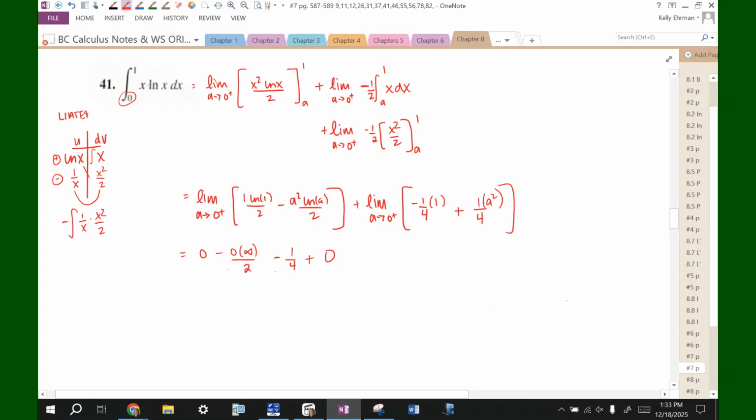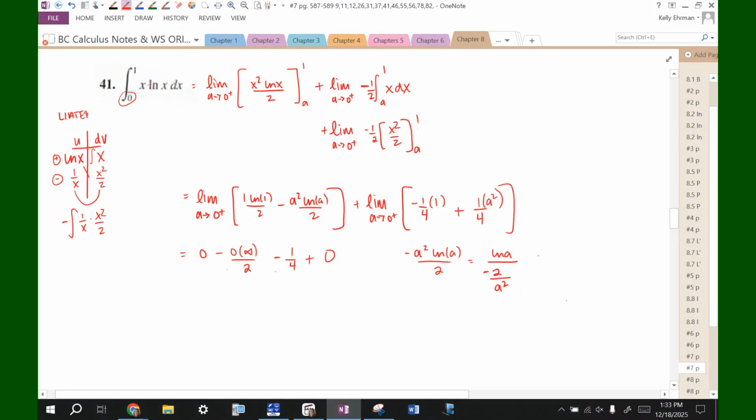How do we do L'Hopital's again? Well, it's got to be rational, right? So instead of minus a squared times ln a over 2, let's make it ln a over negative 2 over a squared. Instead of multiplying by a squared, I multiply by 1 over a squared, and that puts that in there.